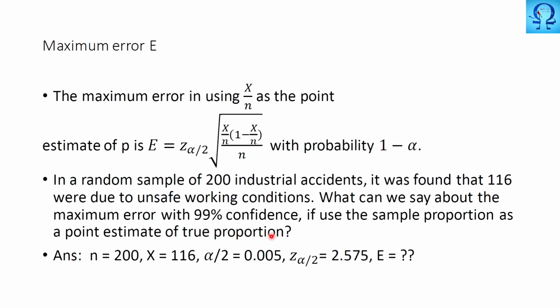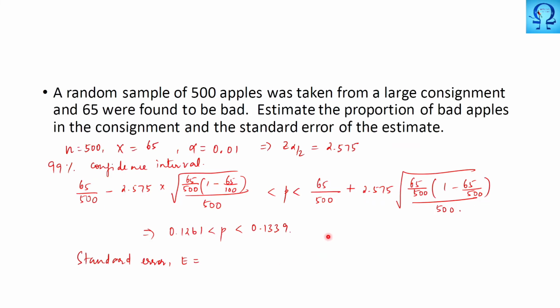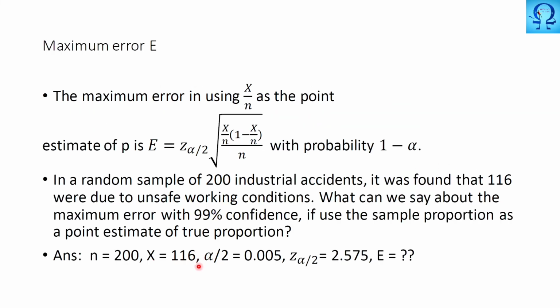All we need to do is, we have n, x, and alpha upon 2. Whatever we have done here, the same thing you will have to calculate, and this would be the error that is required. If you calculate it here, you would have e to be 0.065. Oh, sorry, it would be 0.21396, right?